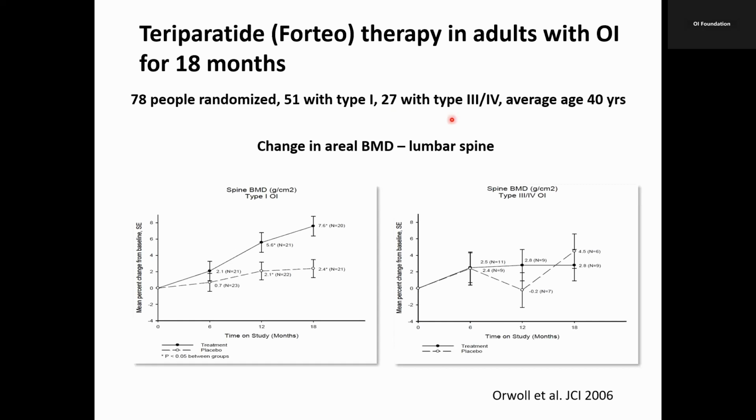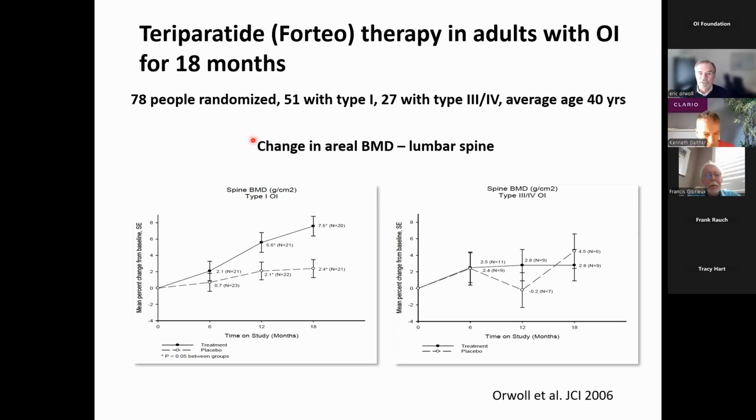and 27 with type 3/4. Average age was 40, although the age spanned across the adult age range. What I show here are the bone mineral density changes in people with OI in the solid circles and the people with placebo in the open circles.